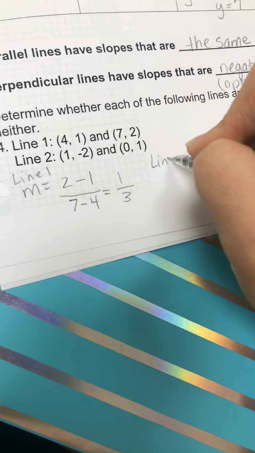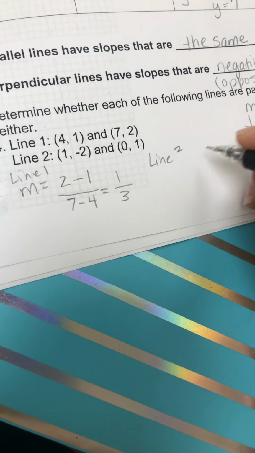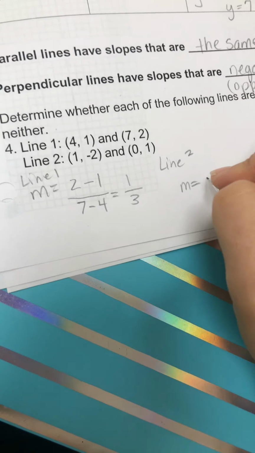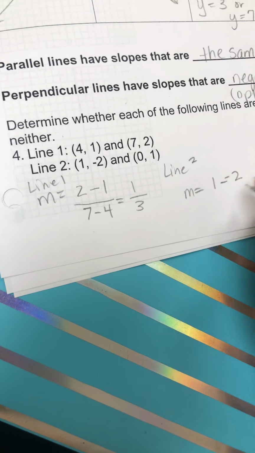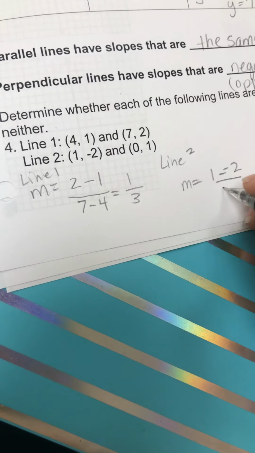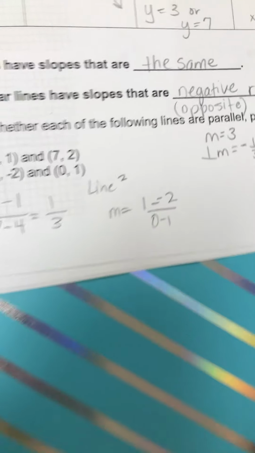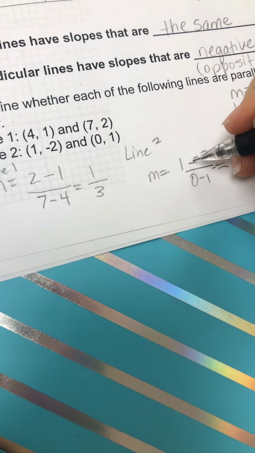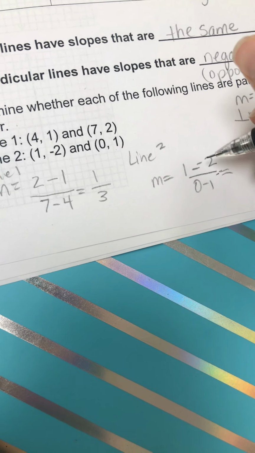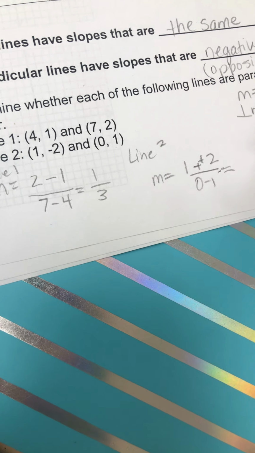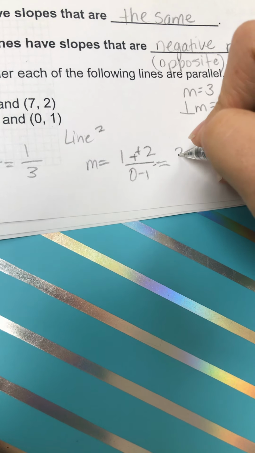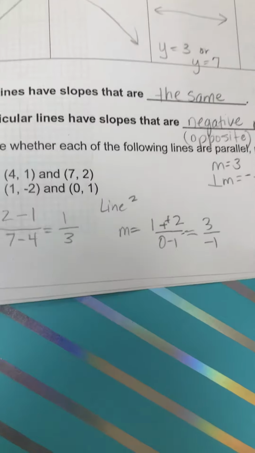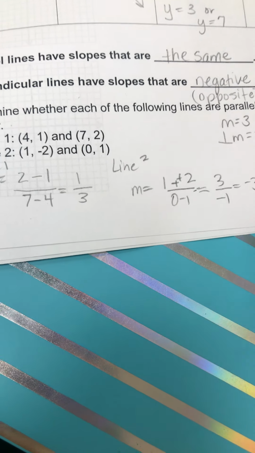For line 2, m is equal to 1 minus a negative 2 over 0 minus 1. The 1 minus a negative 2 becomes a positive, and you get 1 plus 2 equals 3 over negative 1, which is the same thing as negative 3.